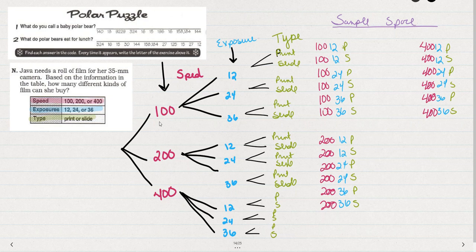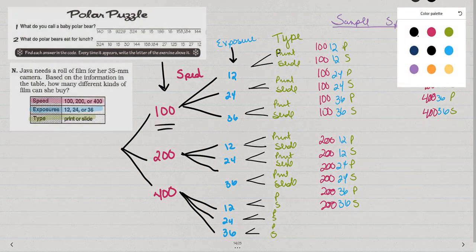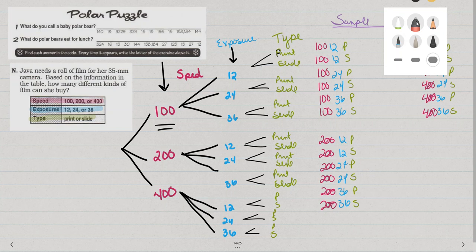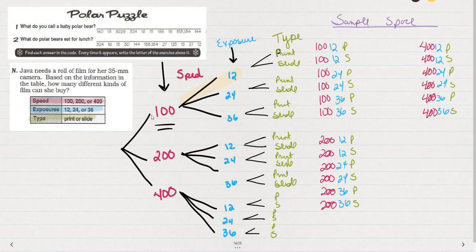So if we chose a speed of 100, then the exposure could be speed of 100, 12 exposures, speed of 100, 24 exposures, speed of 100, 36 exposures. And then after that, I can select either prints or slides. So it looks like a 100 speed, 12 exposures print or 100 speed, 12 exposures slides.